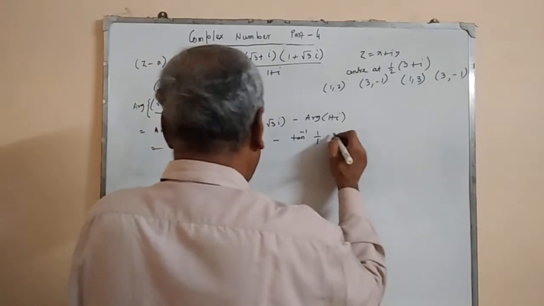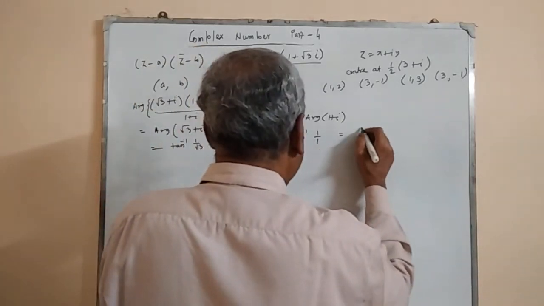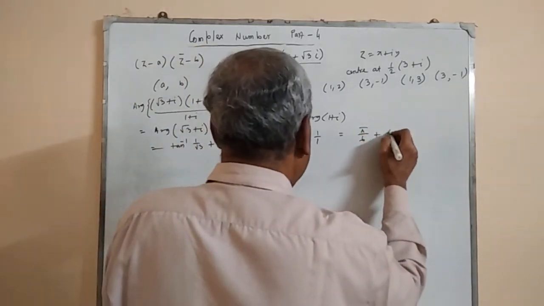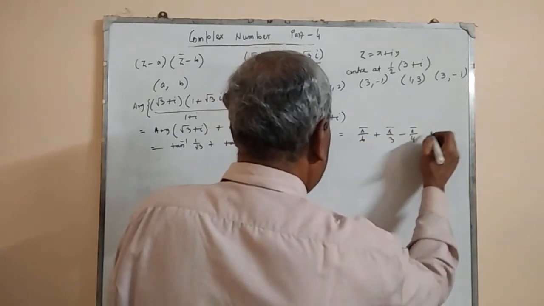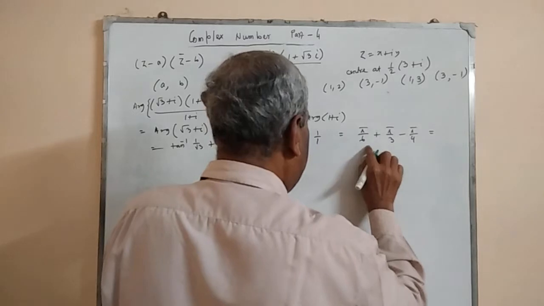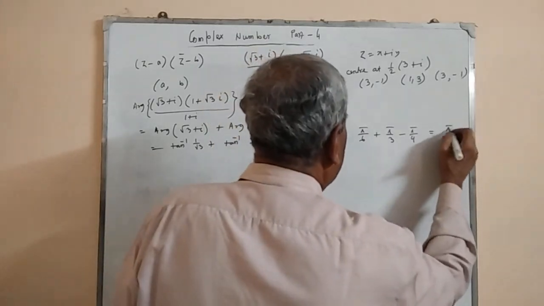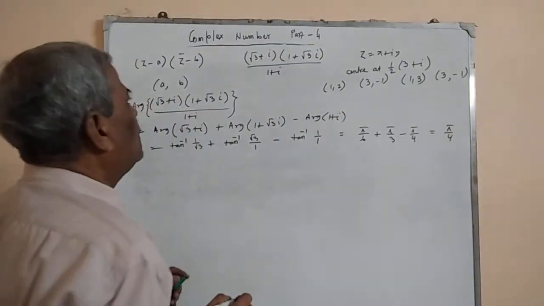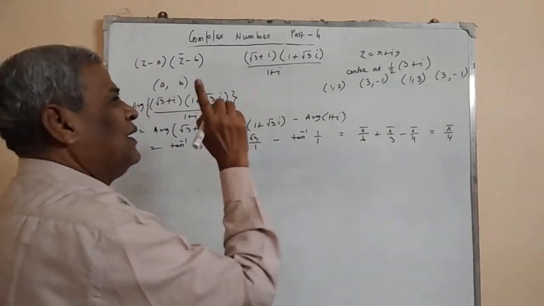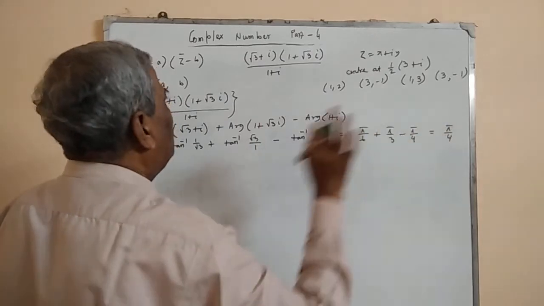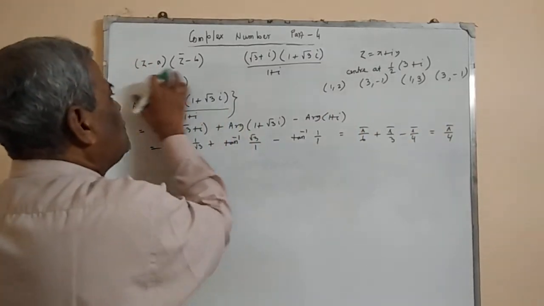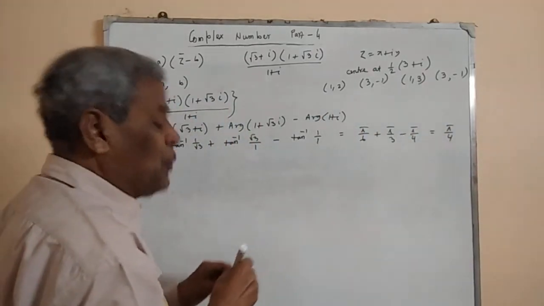So it is equal to pi by 6 plus pi by 3 minus pi by 4, which is 90 degrees minus 45 degrees, so it is equal to pi by 4. So we get argument of this is equal to pi by 4, so argument of that also will be equal to pi by 4.